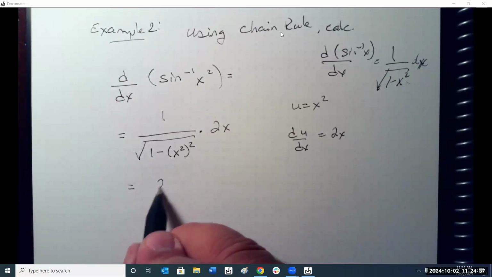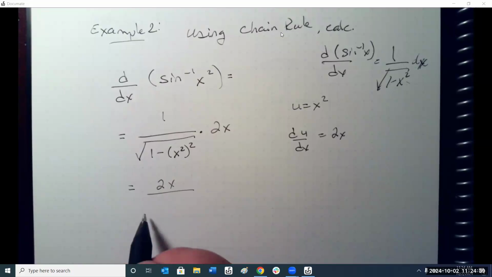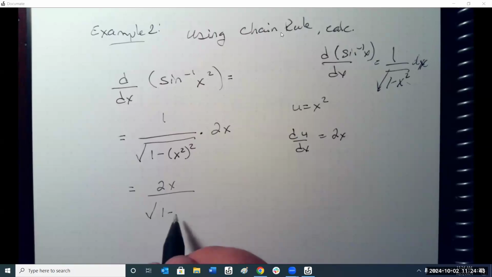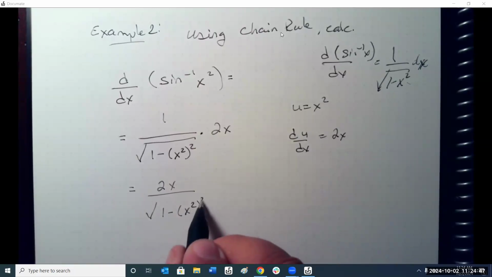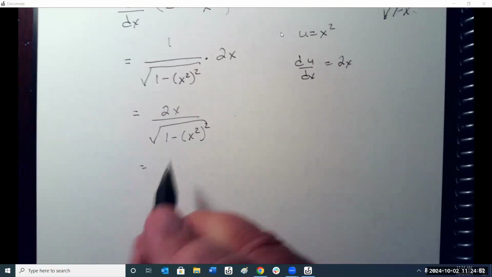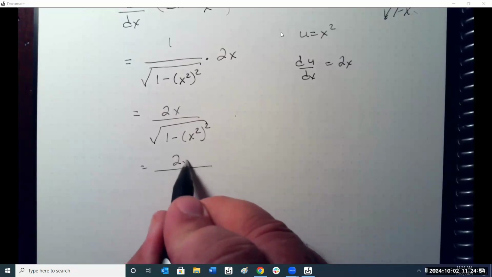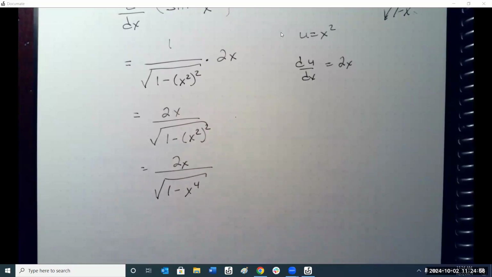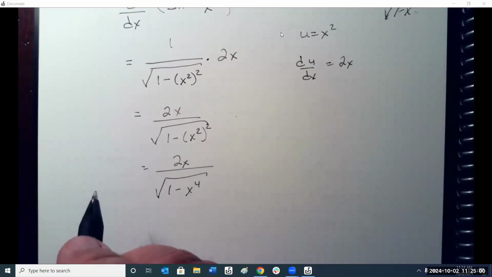Which becomes 2x over square root of 1 minus x to the squared squared. That becomes 2x over the square root of 1 minus x to the fourth. That's our derivative.